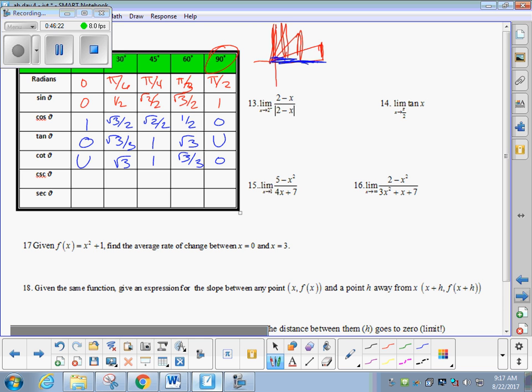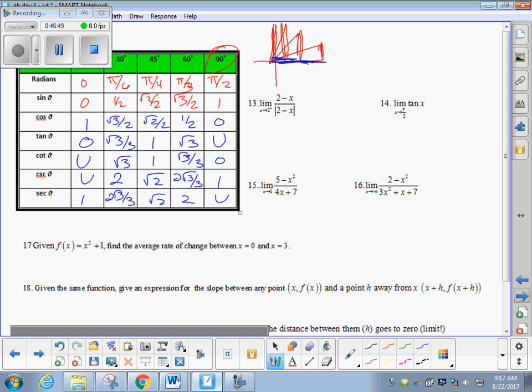Cosecant is the reciprocal of sine. What's the reciprocal of 0? Undefined. Then 2, 2 root 2 over 2 or root 2, 2 root 3 over 3, and 1. And then secant is either the reciprocal of cosine, or you could just switch the cosecant values. They go 1, 2 root 3 over 3, root 2, 2, undefined. Yeah?